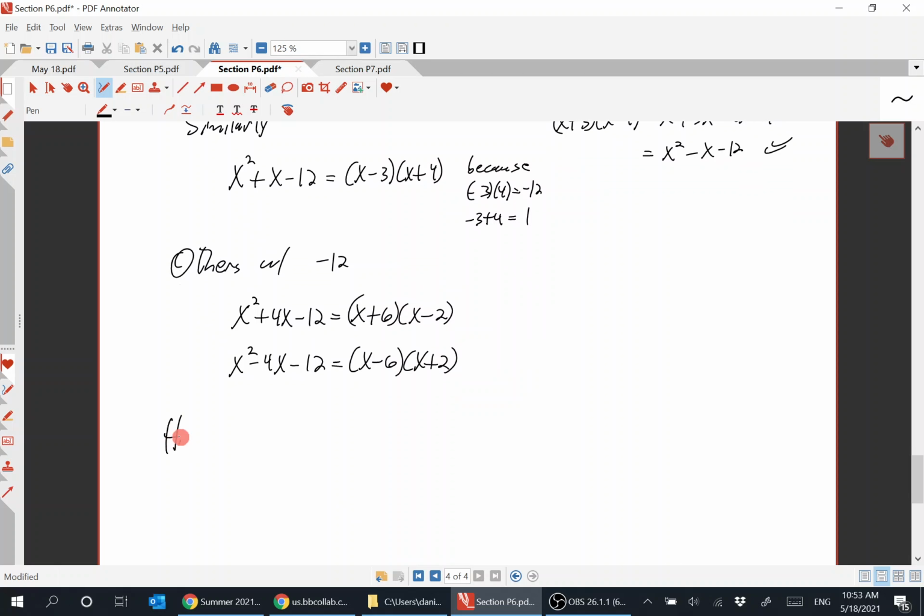However, something like this, x squared plus 9x minus 12, does not factor using integers.